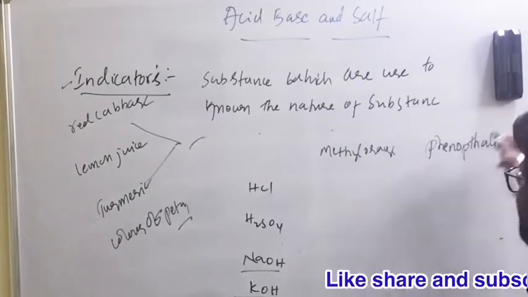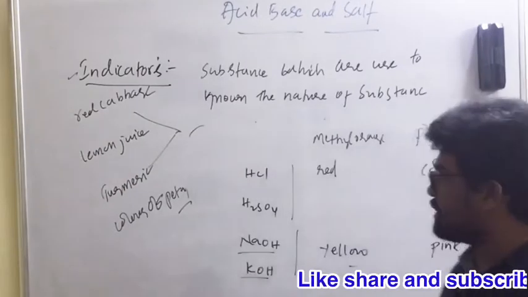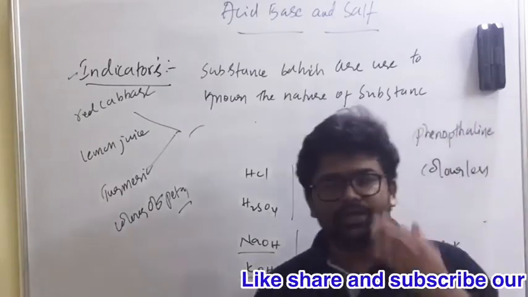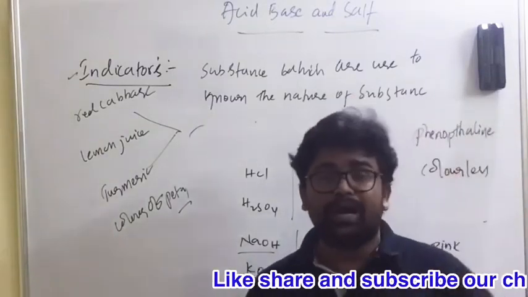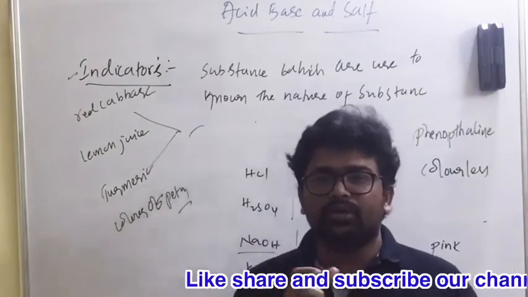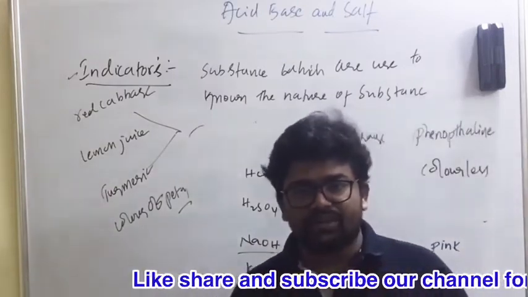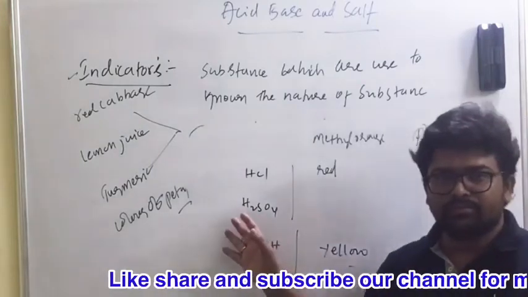How do we identify the nature of the substance? With the help of these artificial indicators, methyl orange and phenolphthalein, we can know whether a substance is acidic or basic. There is a change in color.